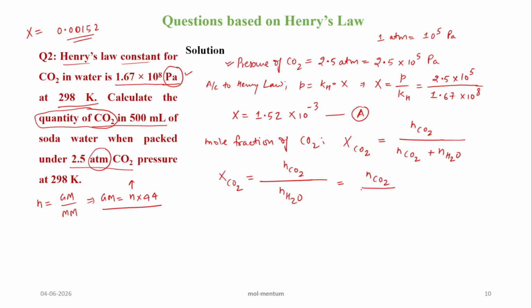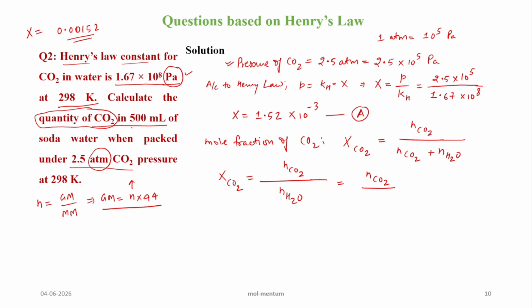So number of moles of CO2 over number of moles of water. Now, how can we calculate number of moles of water? If you are taking it as 55.55, that is for 1 kg of solvent. Here it is written 500 ml. For water, density is 1, so 500 ml becomes 500 gram also.